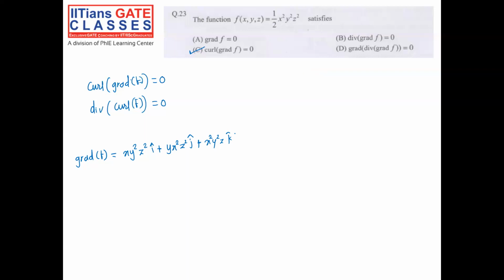So how will we calculate the curl? It's a cross product. So you'll perform a del operation, but with a cross product. So it will be i j k, dou by dou x, dou by dou y, dou by dou z, and x y square z square, y x square z square, and x square y square z.